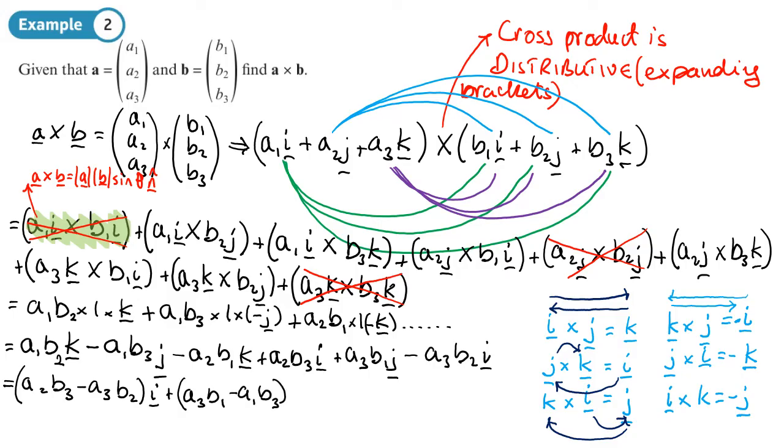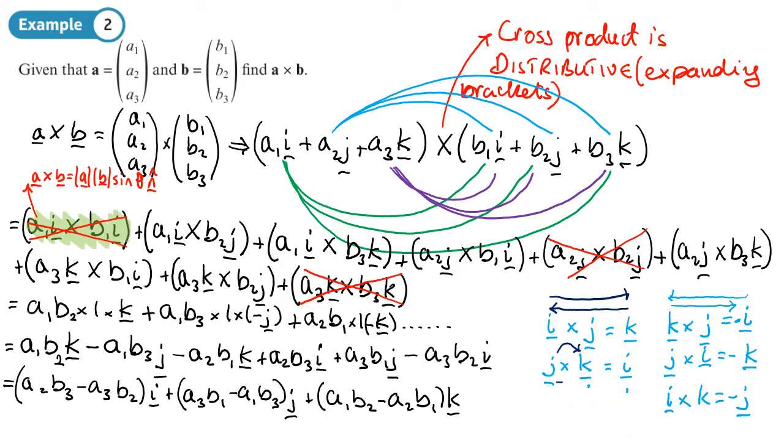Notice how you've got the same numbers but reversed, like A3 B1 and then A1 B3. And then the last one with the k's, that will be A1 B2, not B1 as I wrote before, minus A2 B1 k. Now you may or may not recognize this.